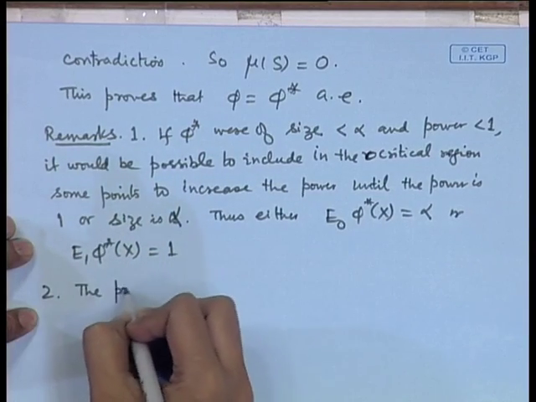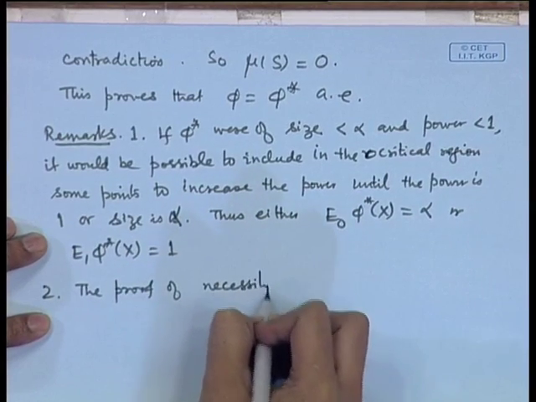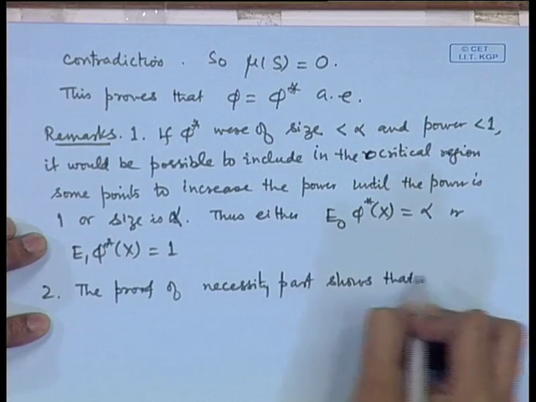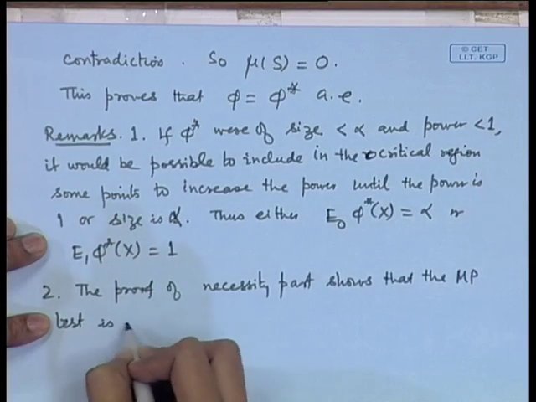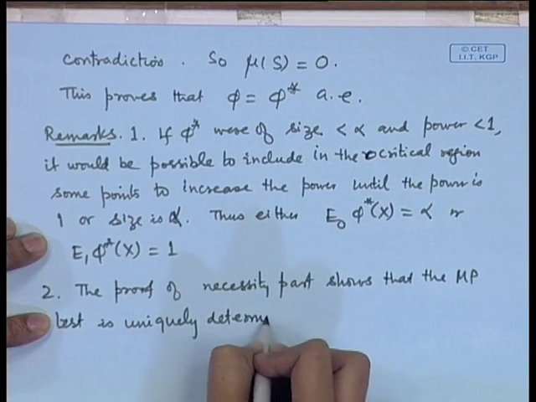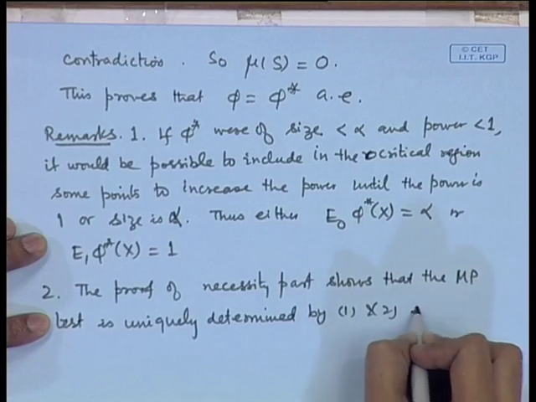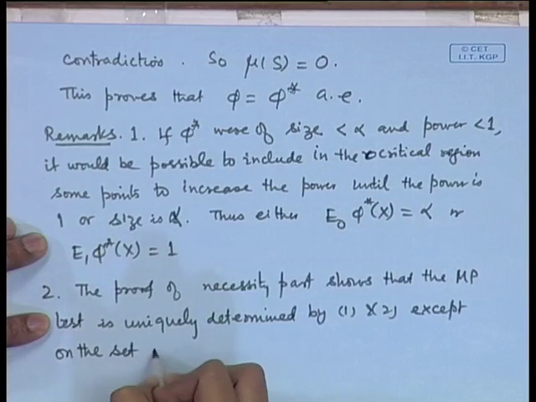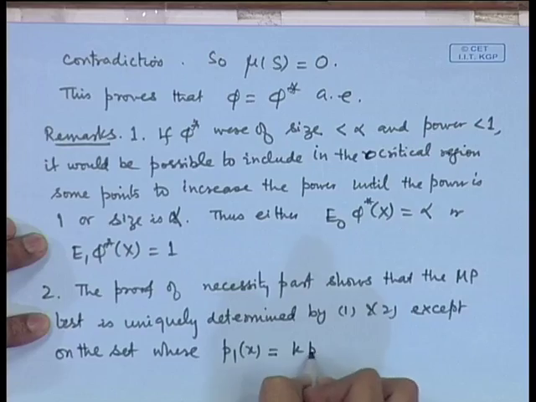The proof of necessity part shows that the most powerful test is uniquely determined by 1 and 2, except on the set where p 1 x is actually equal to k p naught x.